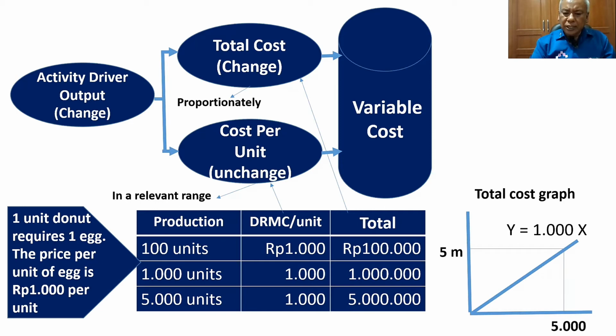So we can estimate how much our direct raw material cost will be if we produce, for example, 4,000 units. X is replaced by 4,000, so the total will be 4 million.